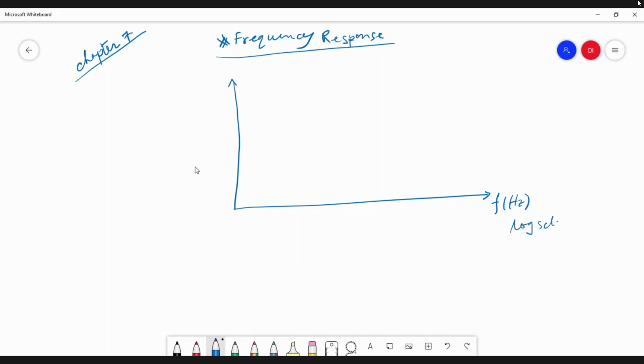On this side the magnitude is plotted in dB, which can be called magnitude A(jf) in dB.